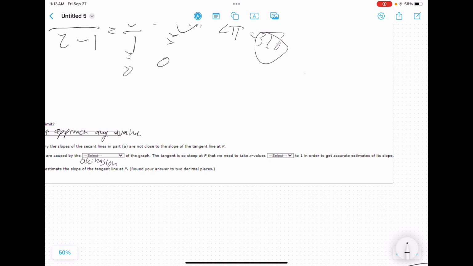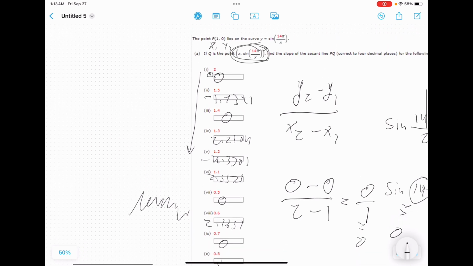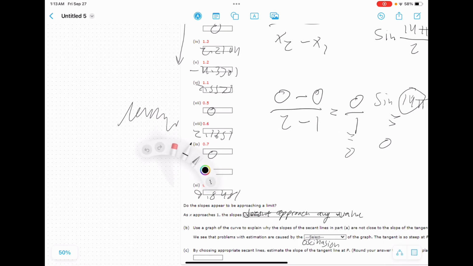So in order to find an accurate estimation, we're going to need to take x values that are closer to the value of 1. Because, as you see here, we didn't take any x values close to 1. The closest one we did was 0.9, which is not adequate enough. And same with 1.1, it's not adequate enough. You need values super close, like 1.001.